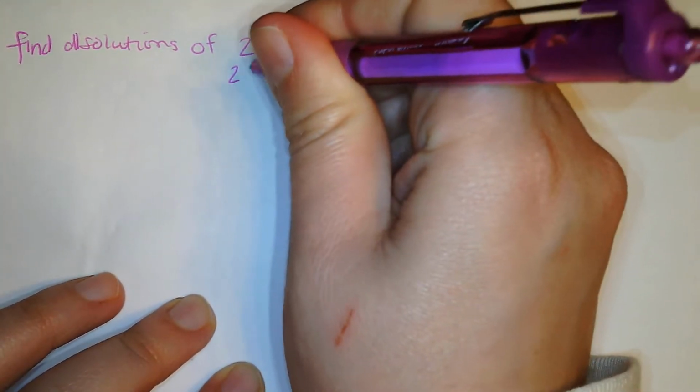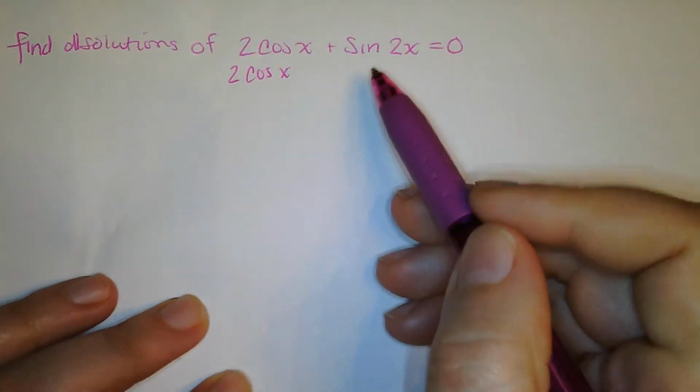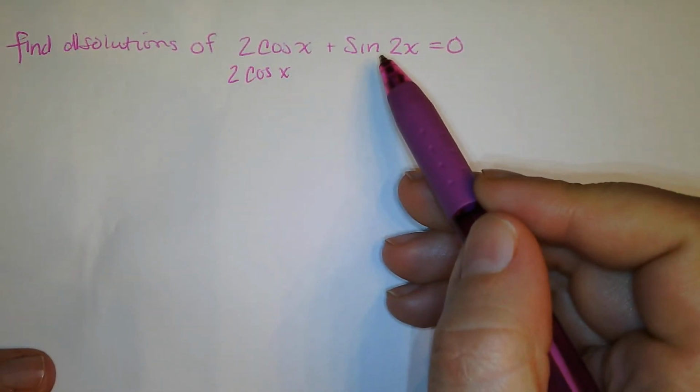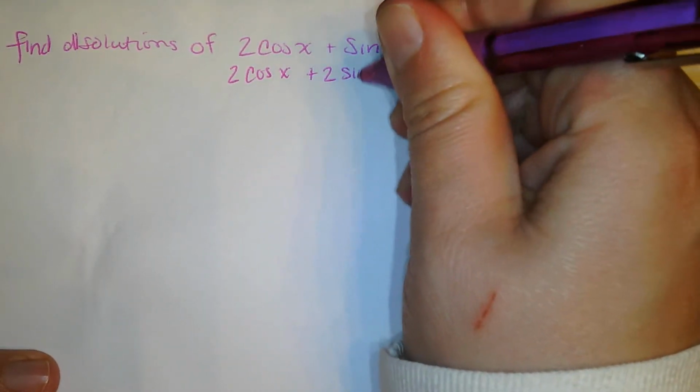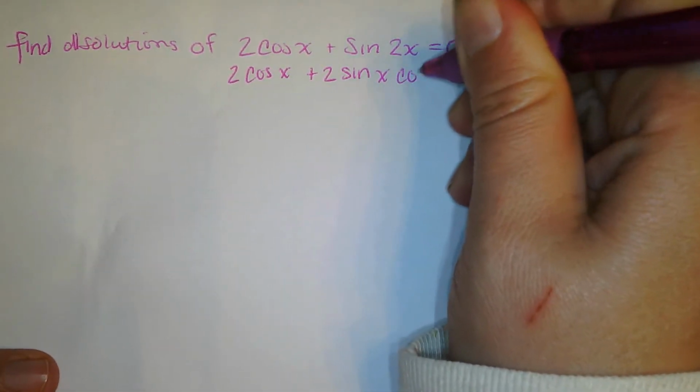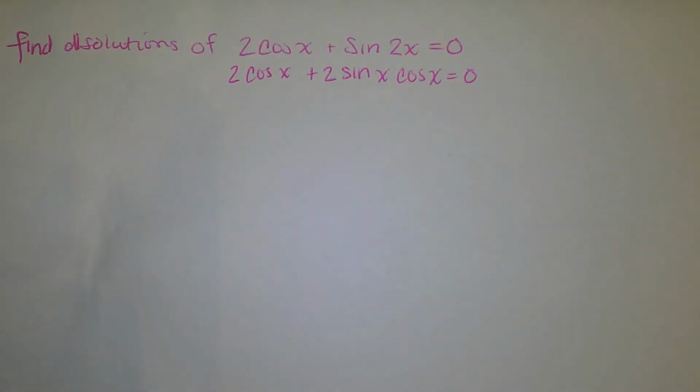So I'm going to have 2 cosine x, and the double angle formula for sine 2x is 2 sine x cosine x. And now I have something that I can deal with a little bit better because I can factor it.